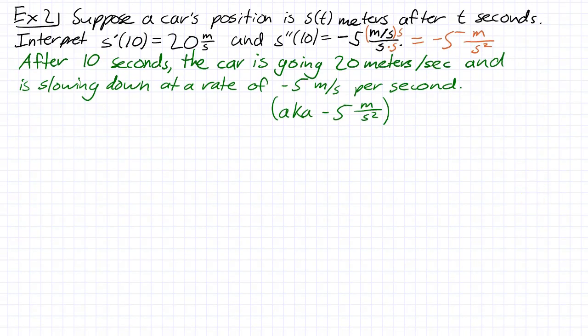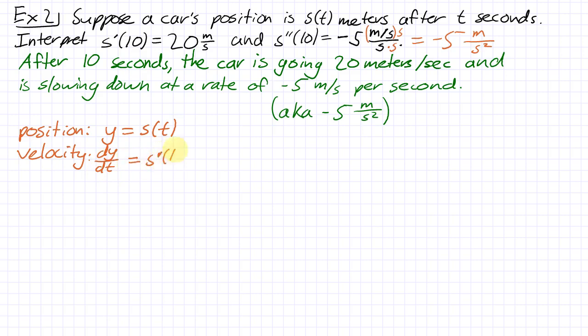So if we're just generally given some position function, y equals s of t, we talked about velocity before, is the derivative of this, which you write as either dy, change in position, over a small change in time, and you can write that as s prime of t, and you could also just write that as the v of t function, which we'll use this notation v for velocity a lot.